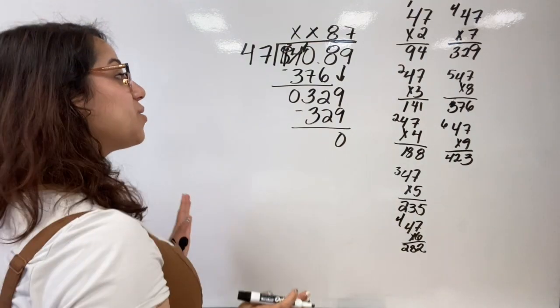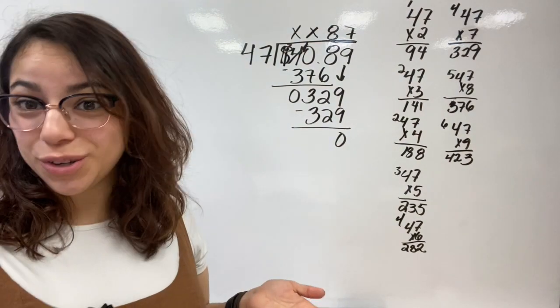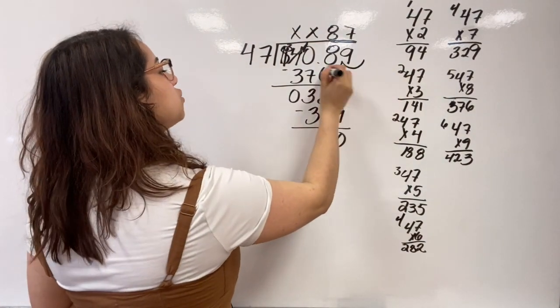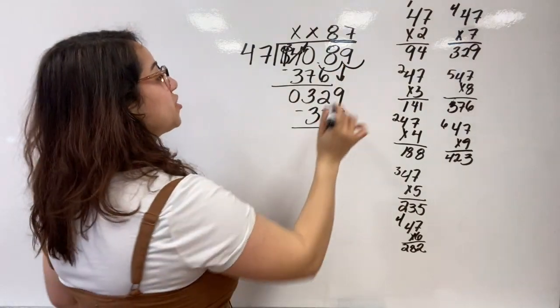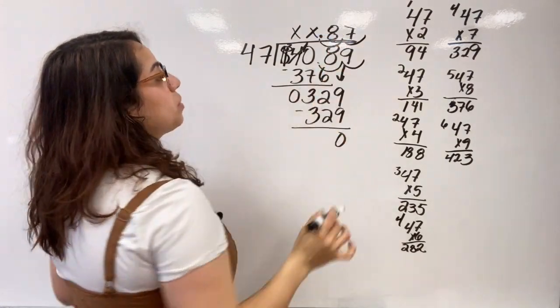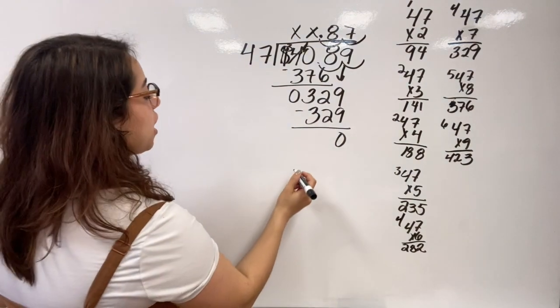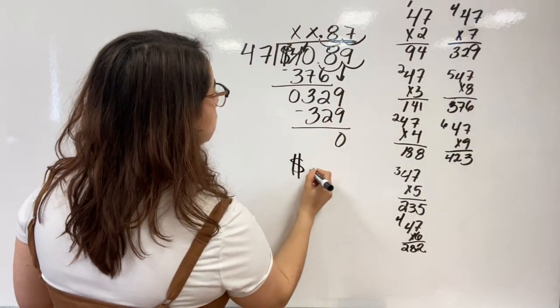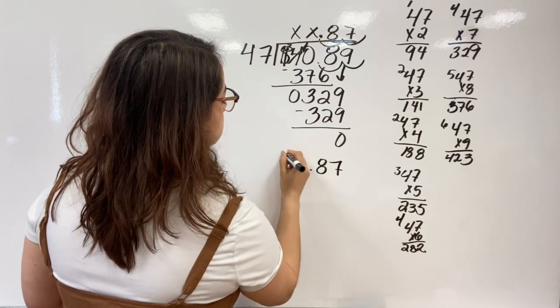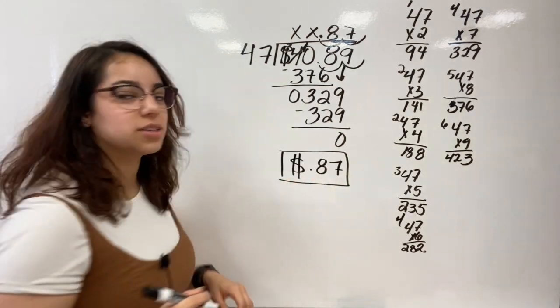Ta-da! So now that we have an answer, we can now count our loops. So we have 1, 2 over here, which means that we're going to add 2 into our answer. 1, 2. Now remember, we are not quite done because we have to put the dollar sign. So if we have the dollar sign, it'd be $1.87, just like that.